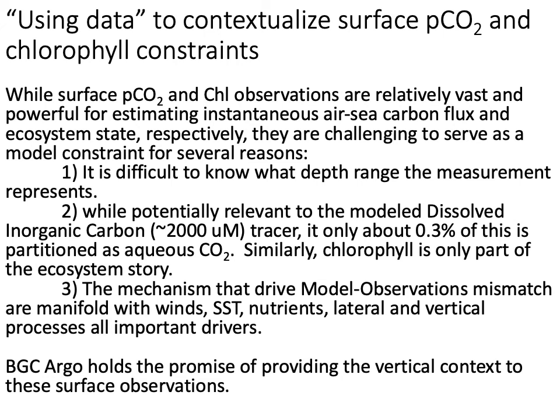Similarly, chlorophyll is only part of the ecosystem story. And finally, the mechanisms that drive model observation mismatch are manifold, with winds, temperature, nutrients, and lateral and vertical processes all important drivers. Biogeochemical Argo holds the promise of providing the vertical context to these surface observations such that they can be better compared with models.